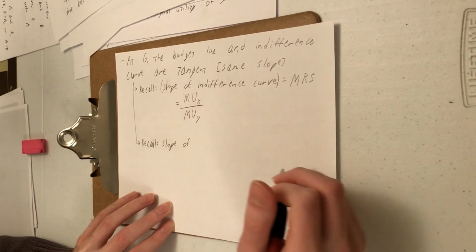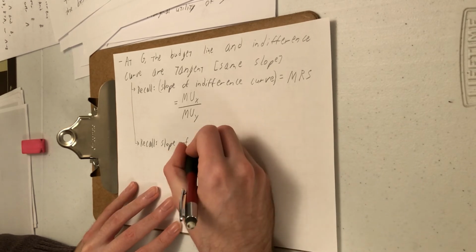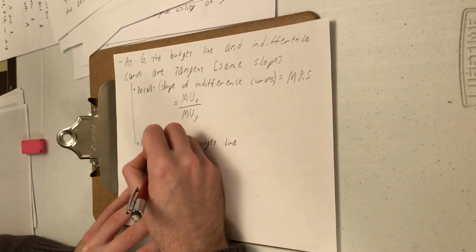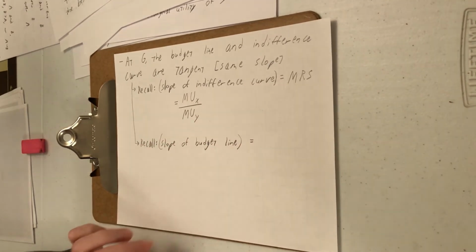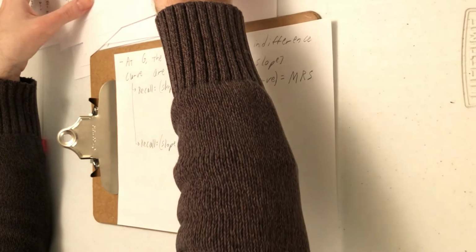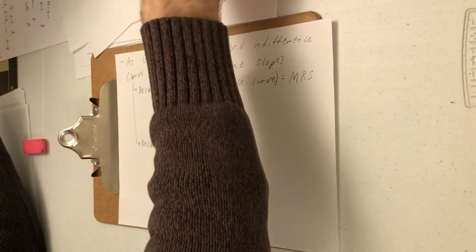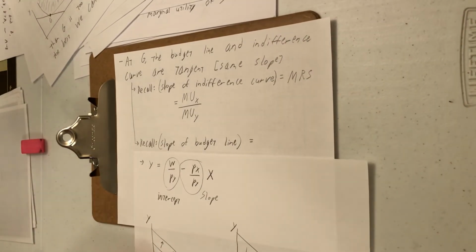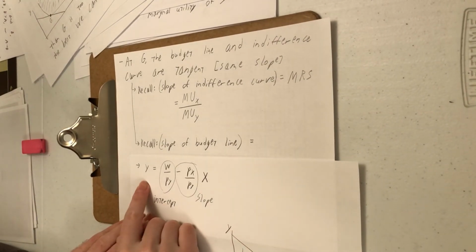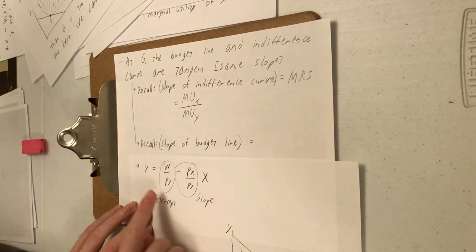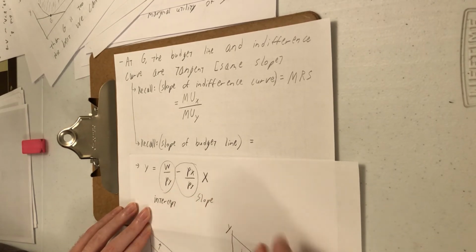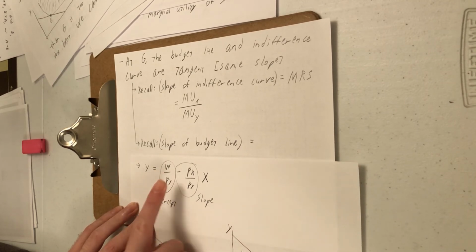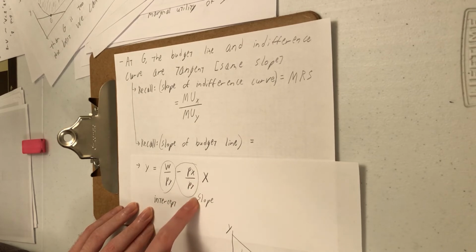We talked a bit about the slope of the budget line in the previous video. So that was back over here. We rearranged our budget line and we got this last time. And we said the intercept was this term over here, and the slope was the price ratio.